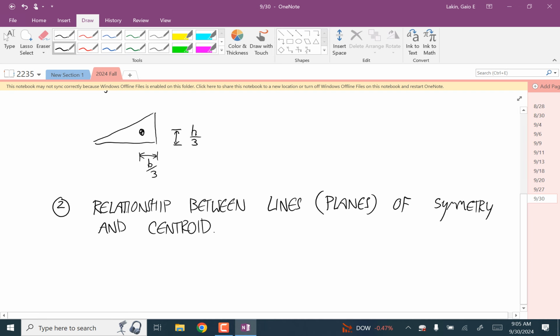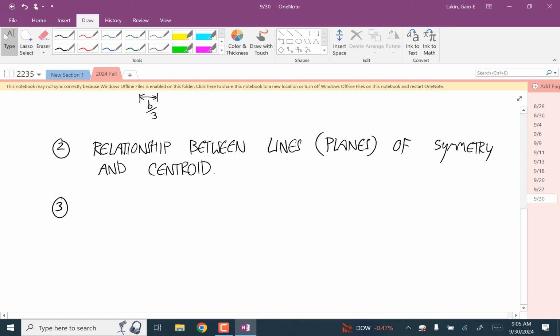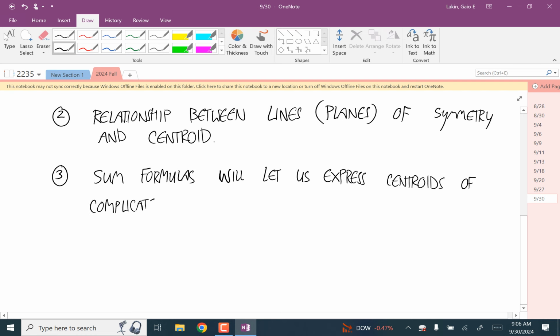And that is the third thing that's important here to remember: some formulas will let us express the centroids of complicated shapes as a finite sum of the centroids of simple shapes.